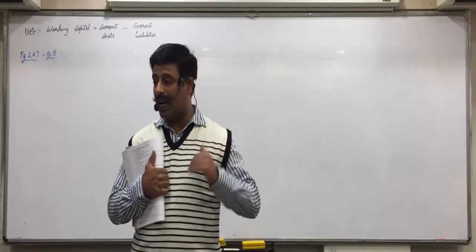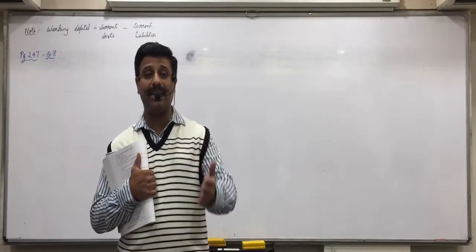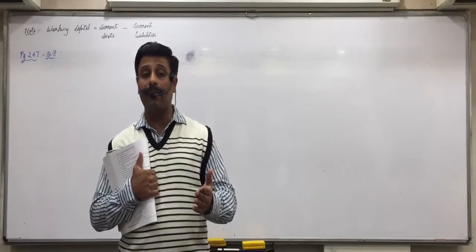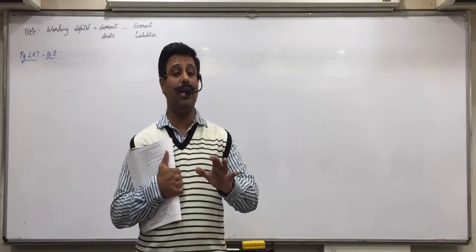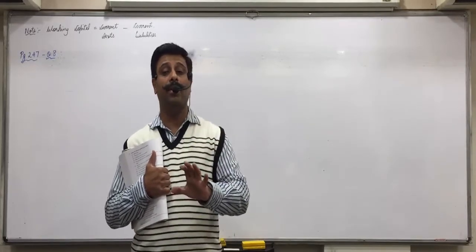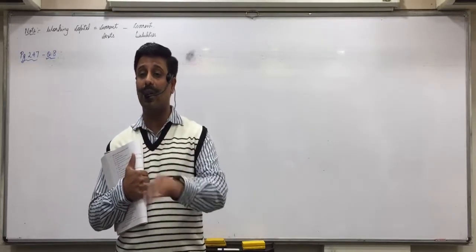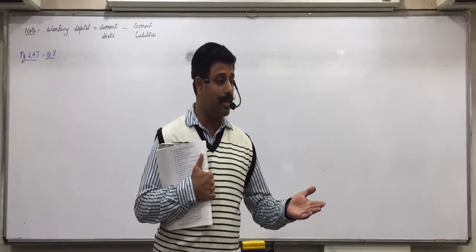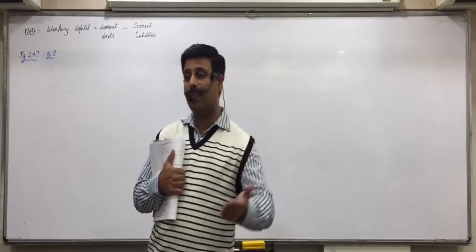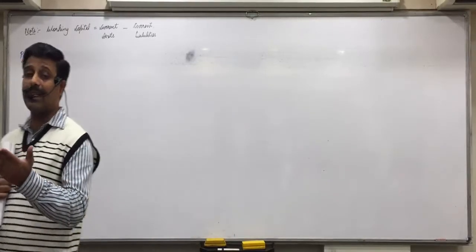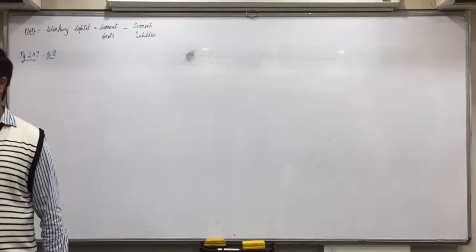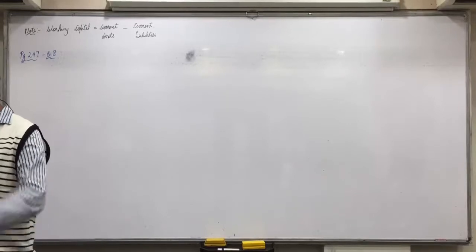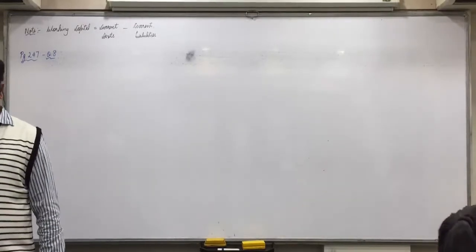So will you include 50,000 of debtors in your ability or 45,000? 45,000, because you yourself expect that 5,000 you may not be able to recover. So we will always take the debtors after deducting bad debts reserve.